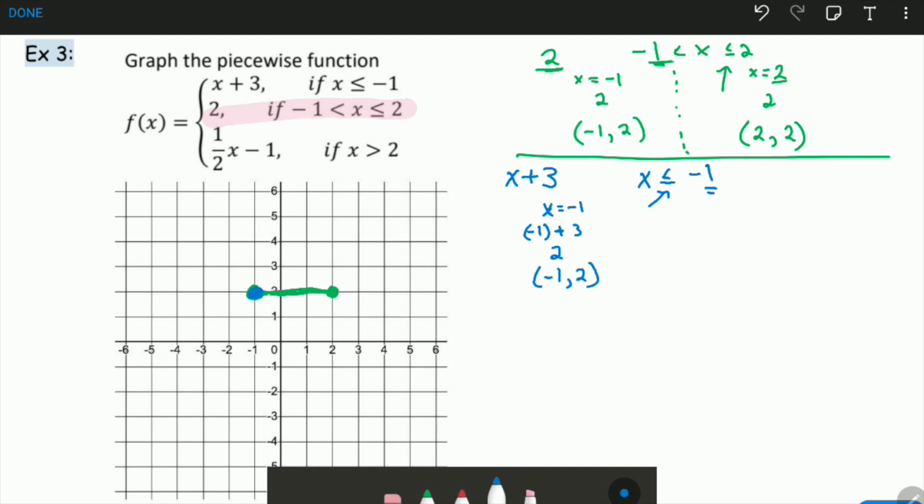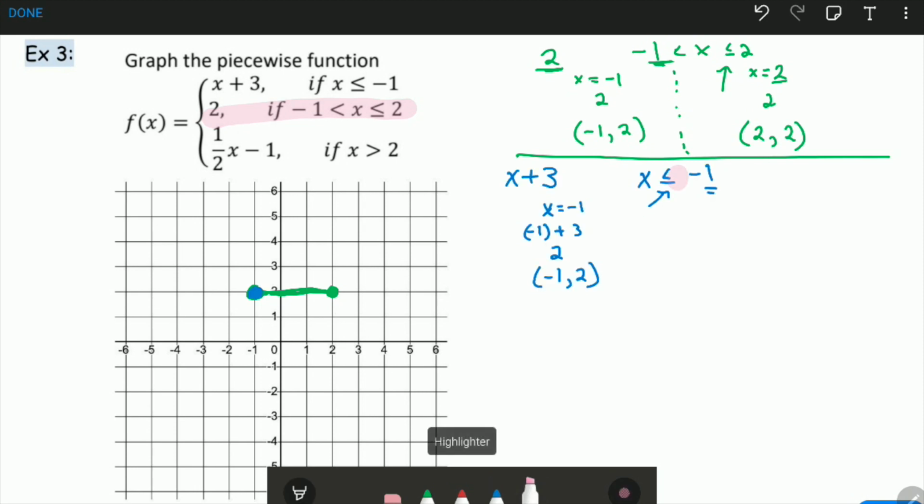But in order to actually graph this line, this segment here, we need at least one more point. So we can do this in one of two ways, and I'm going to do it both ways, one way with this piece and one way with the other piece. For this piece, I'm just going to choose another point and use that to graph it.